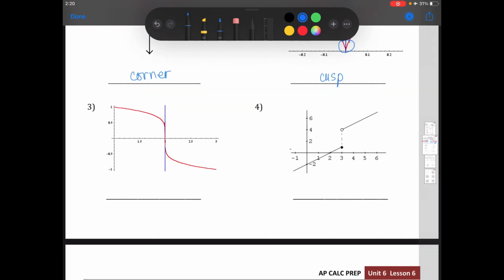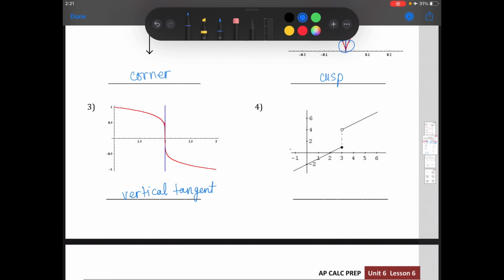And then this one's very important. This is a vertical tangent. Think about it. Derivative is slope. What is the slope of a vertical line? It's undefined. It does not exist. So that's where it is, a vertical tangent. A vertical tangent is not the same thing as a vertical asymptote, because a vertical asymptote means that the function is not continuous. A vertical tangent means the function is continuous, but the derivative does not exist.